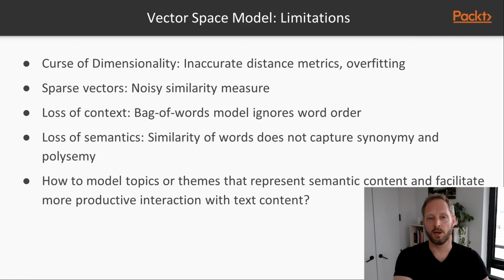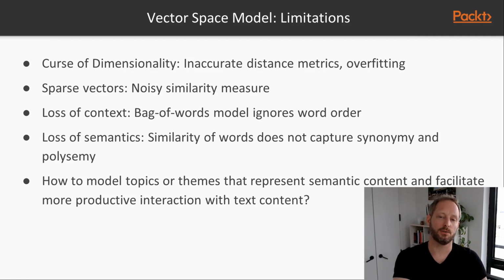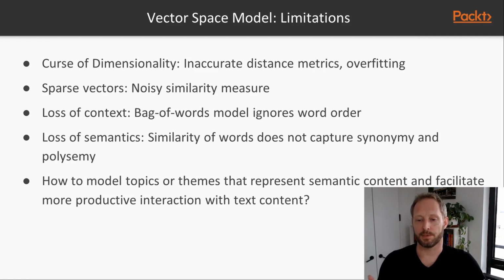In addition to these technical aspects, there's also a lot of information that gets lost along the way. One is a fundamental shortcoming of the bag of words model per se, which throws away information about word order. But it's also hard to find out which words are similar in the sense of synonymy or polysemy.